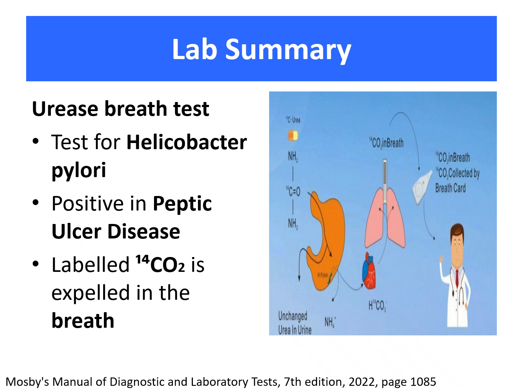And what you're looking for is the expulsion of radiocarbon labeled carbon dioxide being expelled in the breath if H. pylori organism is present in the bowel. Remember, H. pylori is gram negative. It is urease positive, and it's the urease positivity that we are testing for using this particular test.